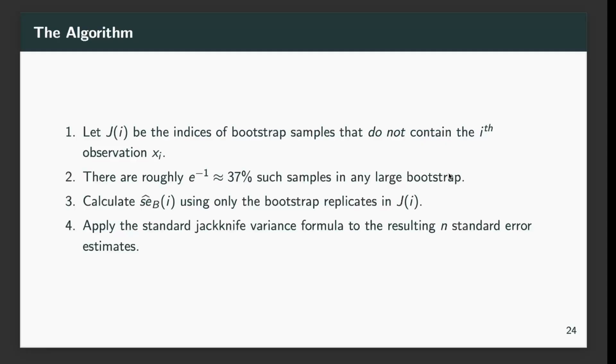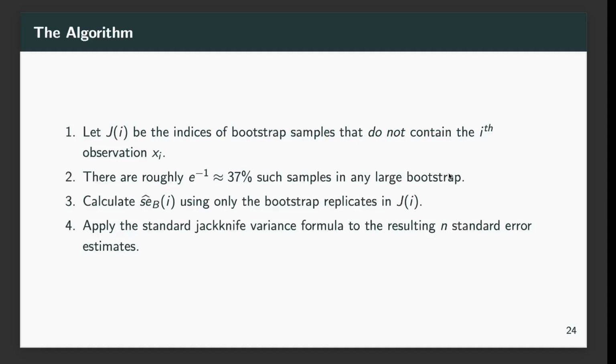The second step: there are roughly e to the minus 1, approximately 37%, of the Bootstrap samples that do not contain any given observation in a large Bootstrap. This follows from probability theory, which says that the probability that a specific observation is not selected in a single draw with replacement is 1 minus 1 over n.